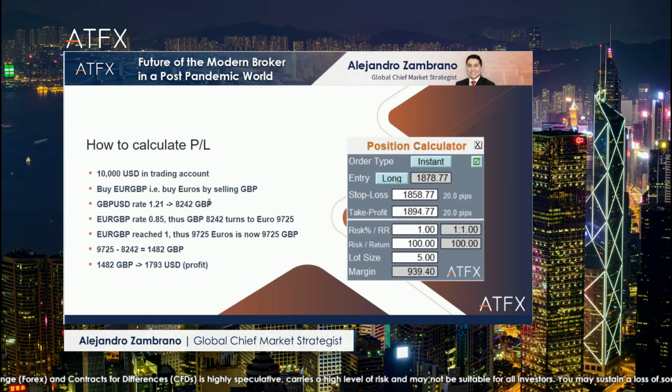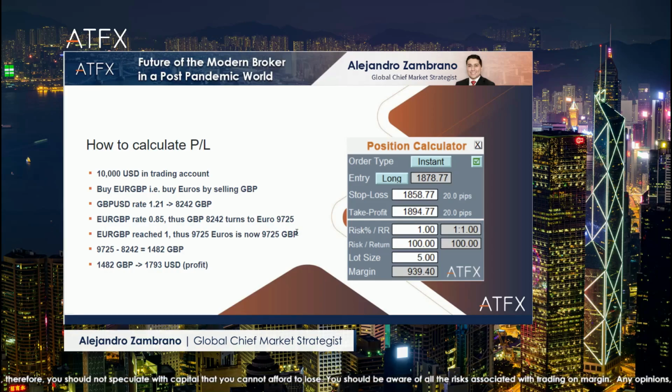Now, these British pounds are sold against the euro, and 8,242 British pounds turns into 9,725 euros. Now, if the exchange rate went from 0.5 to 1, then that means that your 9,725 euros is now the same as 9,725 British pounds.